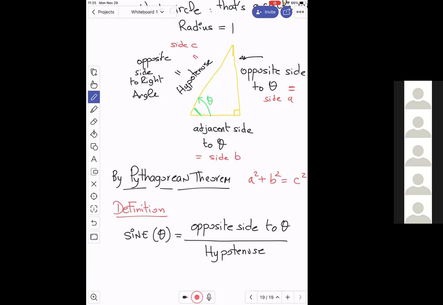Here, the opposite side is A, the hypotenuse is C.